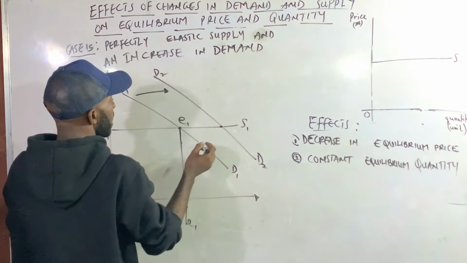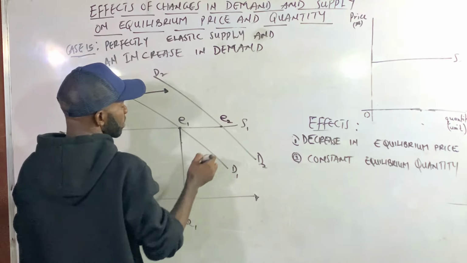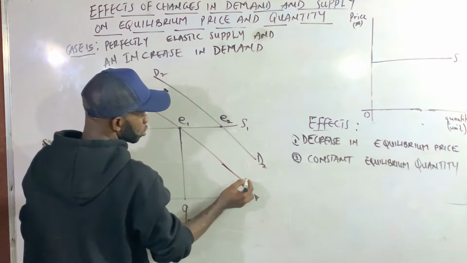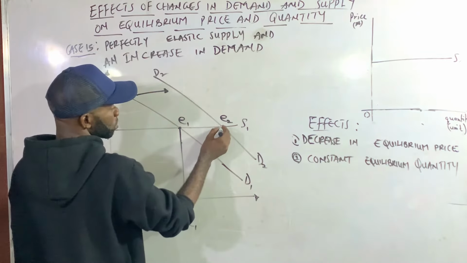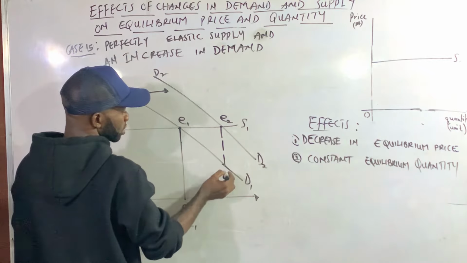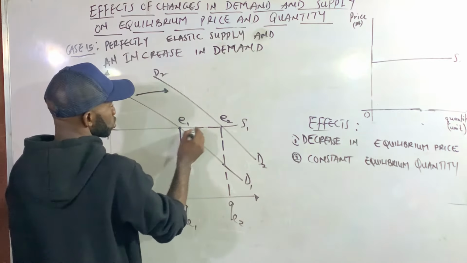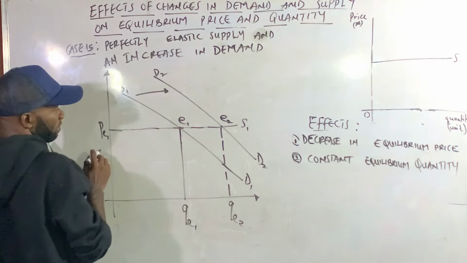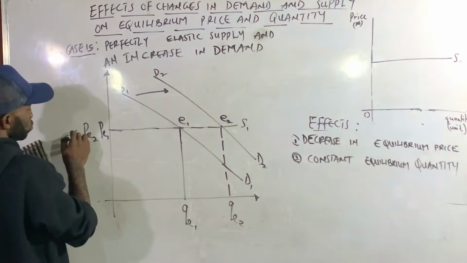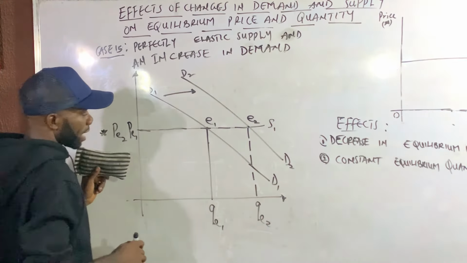And if you compare the interaction between the new demand curve and the old supply curve, because we do not have a new supply curve, what we are going to have is E2. And E2 traced to the quantity axis, we have QE2, trace it to the price axis, we have the same spot. PE2, or equilibrium price 2, is on the same spot with equilibrium price 1.